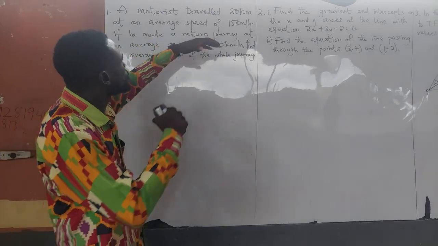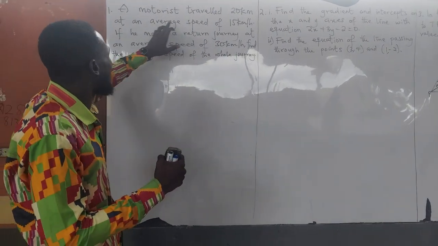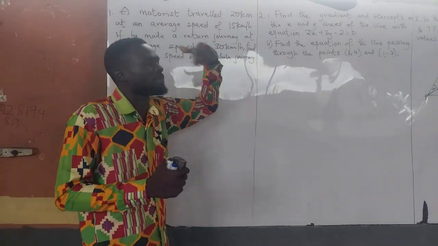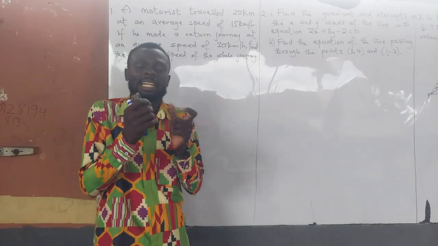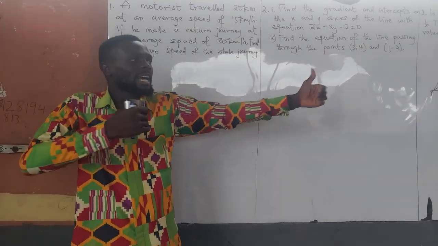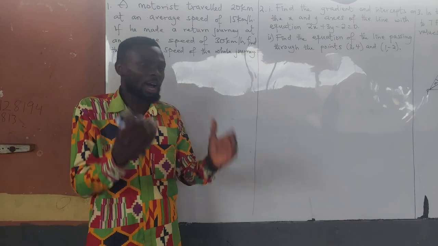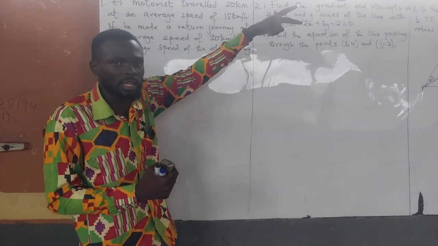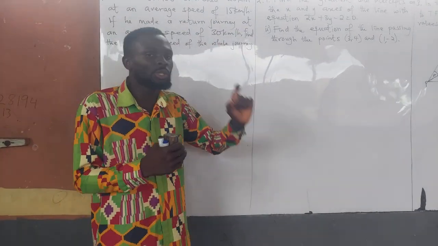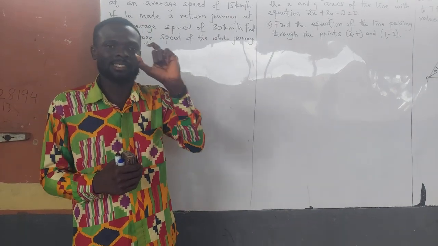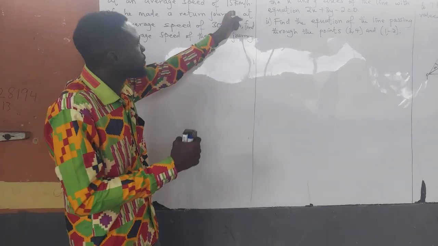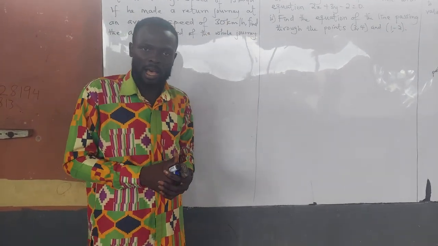A motorist traveled 20 kilometers at an average speed of 15 kilometers per hour. So when he started the journey, the distance is 20 kilometers, and he traveled at a speed of 15 kilometers per hour.